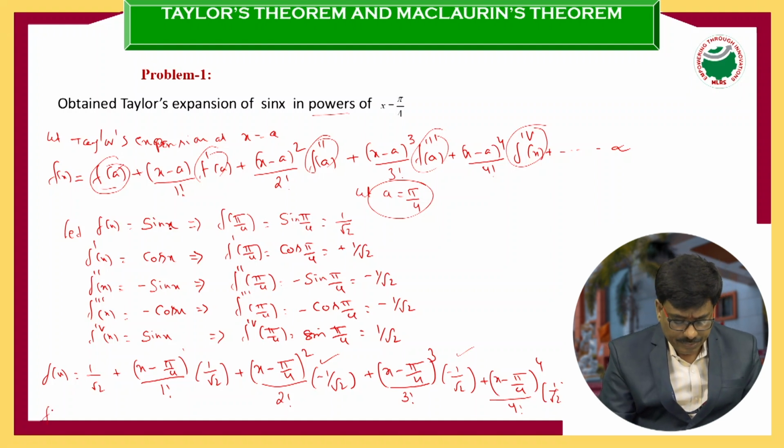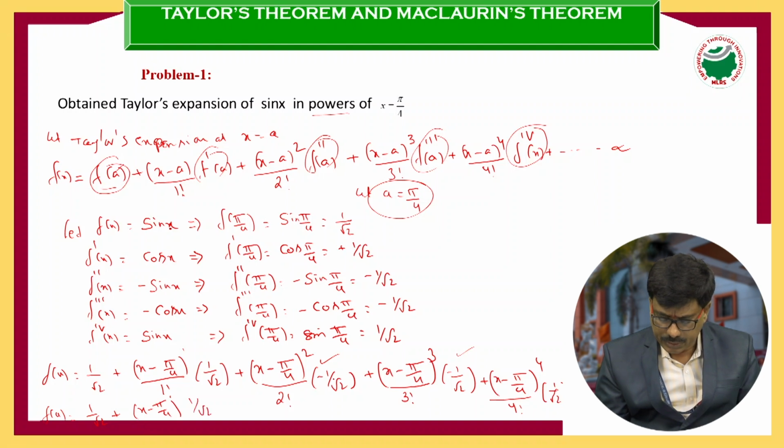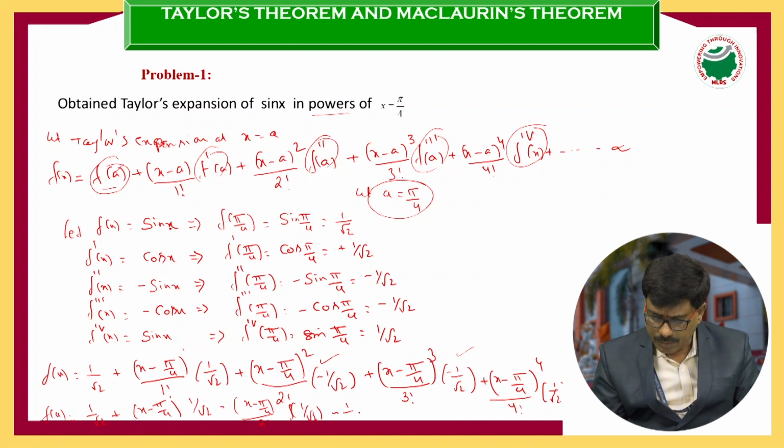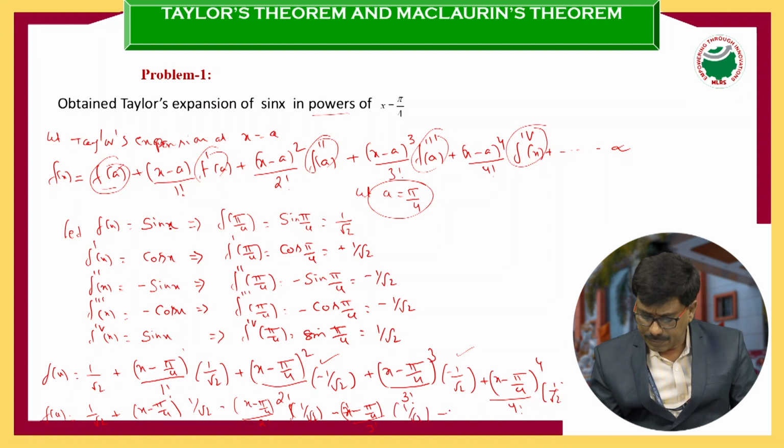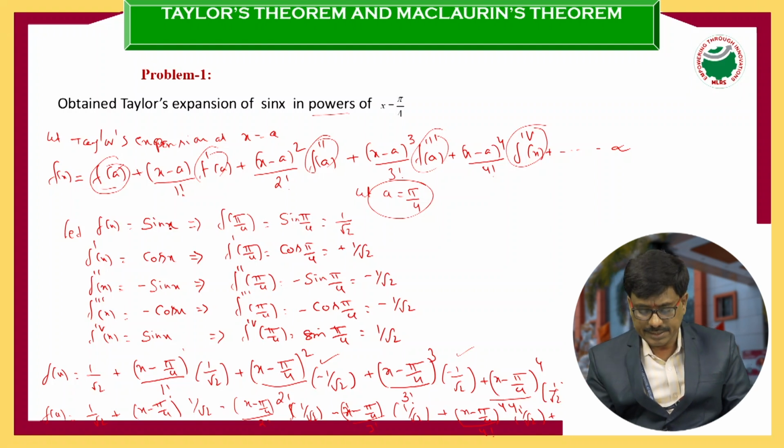I can rewrite this function f of x as 1 by root 2 plus (x minus pi by 4) into 1 by root 2, minus (x minus pi by 4) by 2 factorial into 1 by root 2, minus (x minus pi by 4) by 3 factorial into 1 by root 2, plus (x minus pi by 4) whole power 4 by 4 factorial into 1 by root 2, plus so on to infinity. I just interchanged the negative signs.